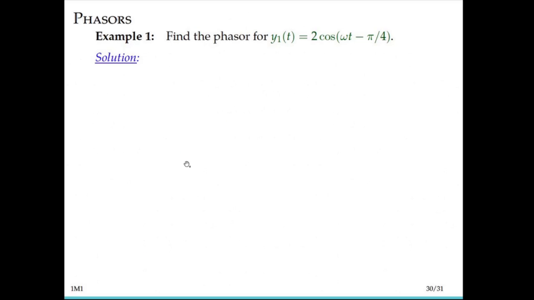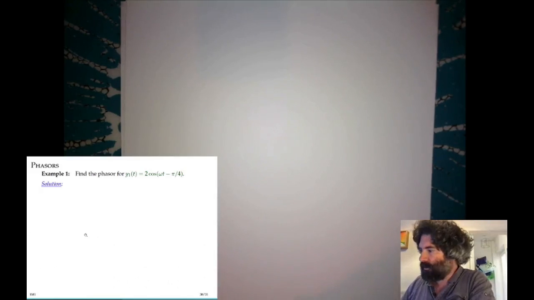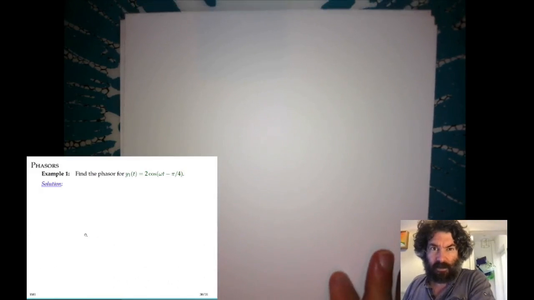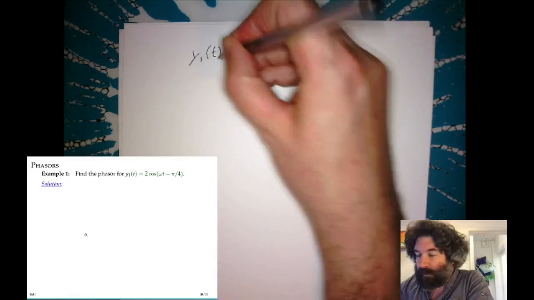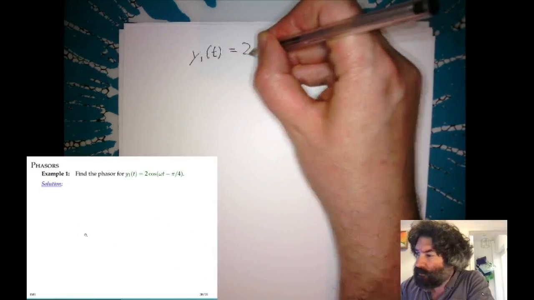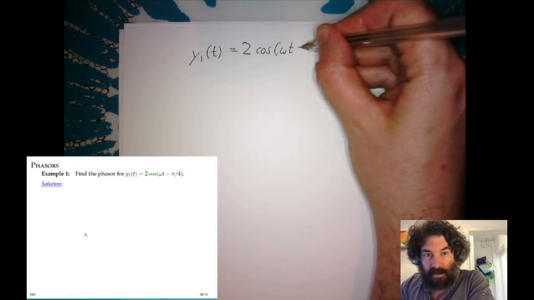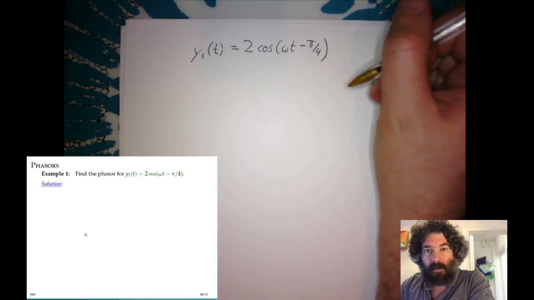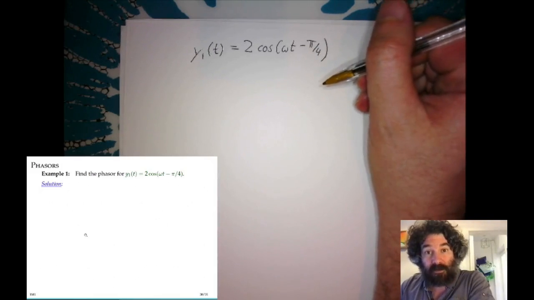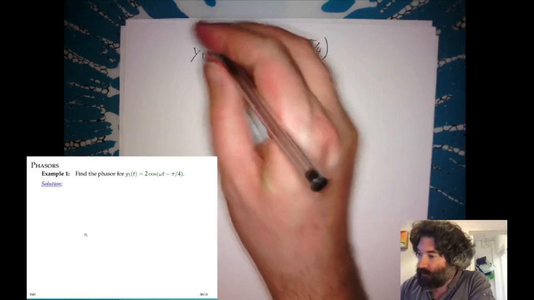Just find the phasor for this given sinusoidal function. So the sinusoidal function is y1 equals 2 cosine of omega t minus pi over 4. Remember the modulus of the phasor is the amplitude of the sinusoidal function, and the amplitude here is simply 2.